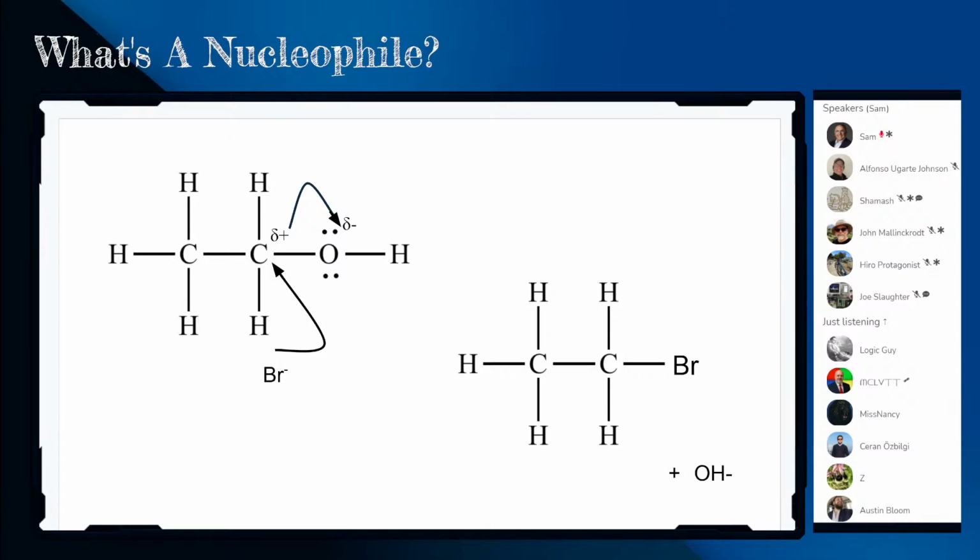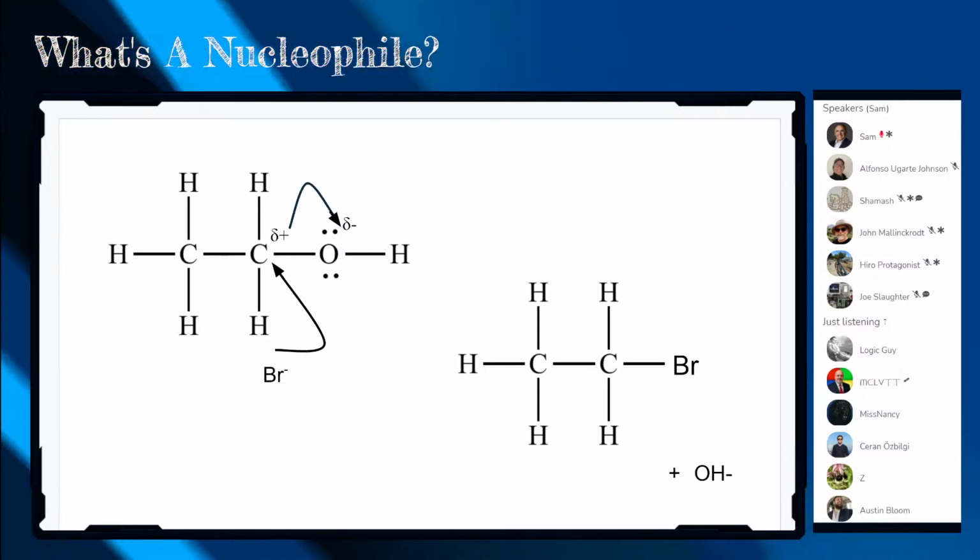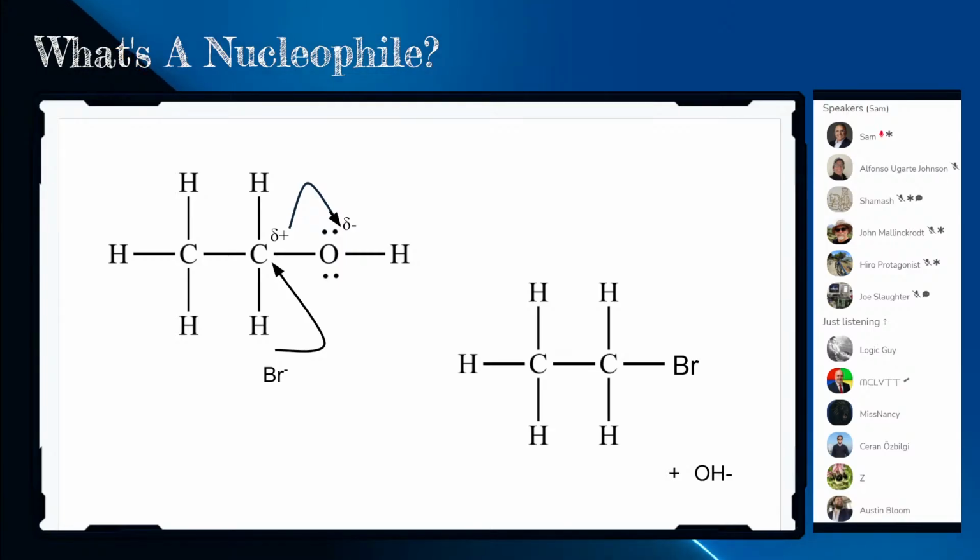If this was a t-butyl hydroxide, then it would go SN1. You would form the carbocation and then bromide would attach. We talked about that last week. I don't expect anybody to have any memory of that, but we did talk about the differences between SN1 and SN2 reactions.